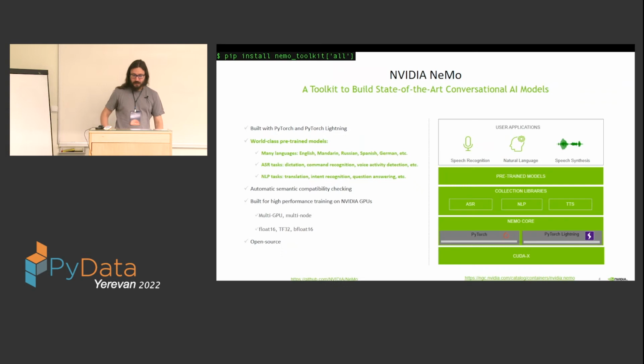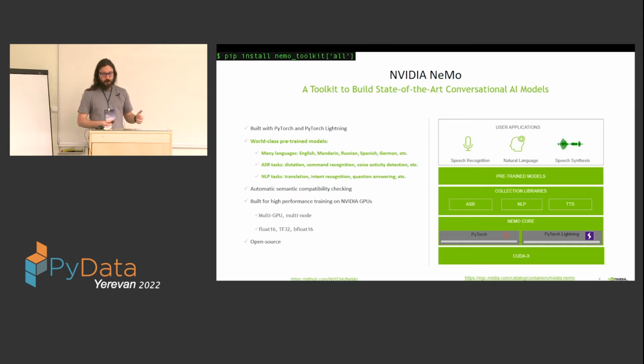Diving a bit more into technical details, the NVIDIA NeMo Toolkit is built upon PyTorch and PyTorch Lightning, with PyTorch for neural networks, and PyTorch Lightning for running the training of it, and sometimes inference at scale.